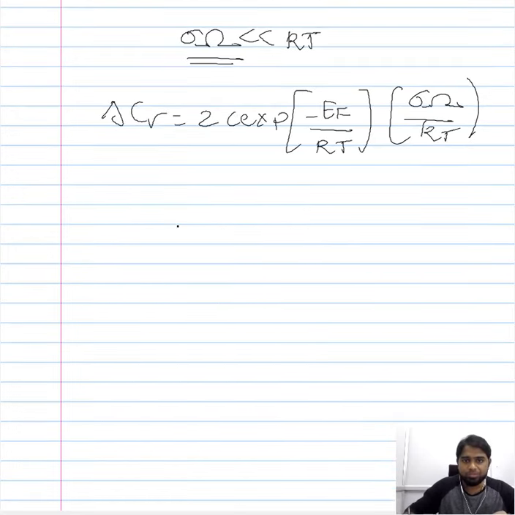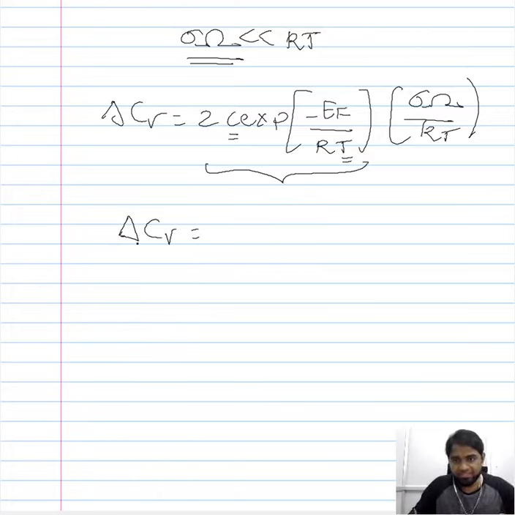So this term here is a constant for a given temperature. The energy required for the formation of a vacancy is constant for a given temperature, and this is again a constant. This is the total number of components, and the preceding term is 2. So the difference in the concentration of vacancies that is introduced by the tensile and the corresponding compressive loading because of the Poisson's effect is nothing but a constant multiplied by this here.